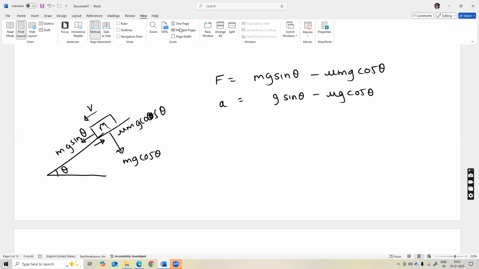So now, first of all, you can find out till what point it will move. So we know that v is equal to u plus at.